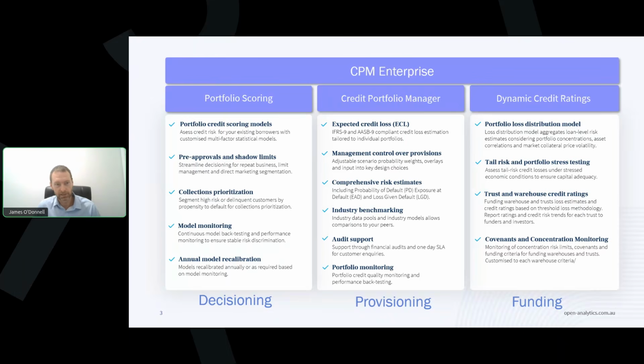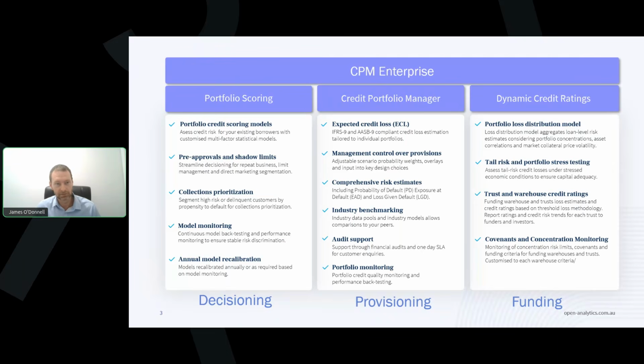On the left, portfolio scoring, or behavioural scoring as it's typically named. This is where we are dynamically credit scoring your back book or your existing customers. That can be useful as an input to your provisioning models for segmentation, but that's not actually the main use case.